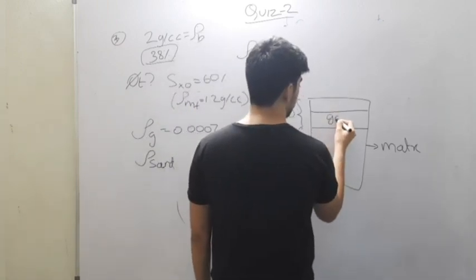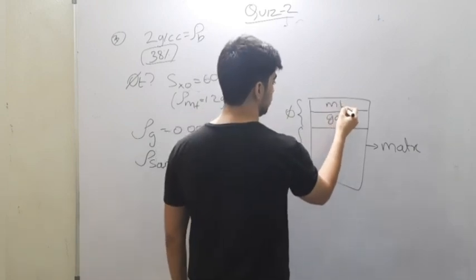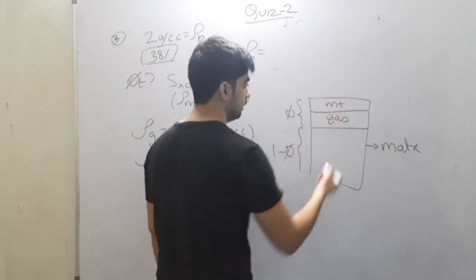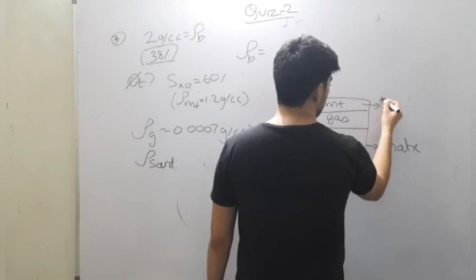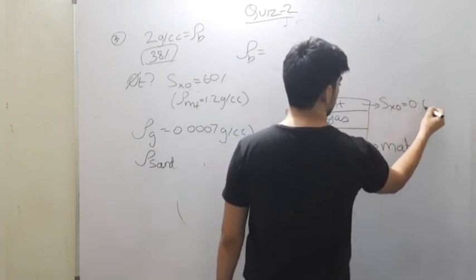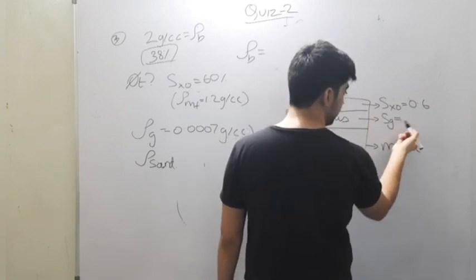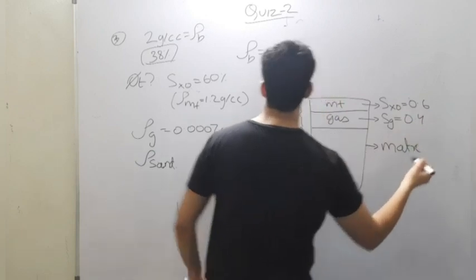So it is partly filled with gas and there is some invasion also. So some portion will be filled with mud filtrate. So saturation of mud filtrate is mentioned, which is 60%. The remaining saturation will be saturation of gas or hydrocarbon, which is 0.4.